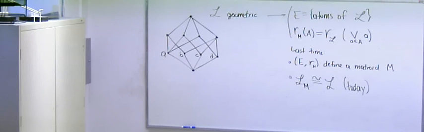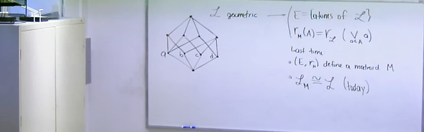So let's show that phi is injective. Well, suppose that two things in your lattice map to the same element. In other words, the atoms less than or equal to x are the atoms less than or equal to y.